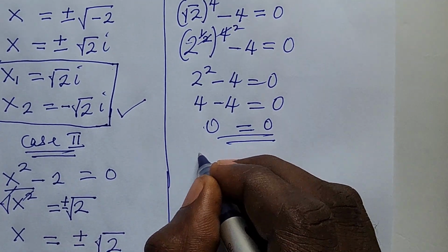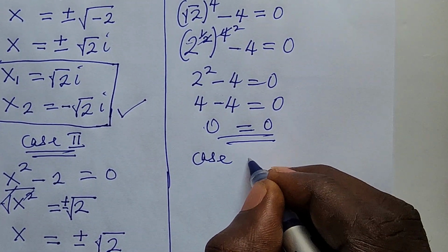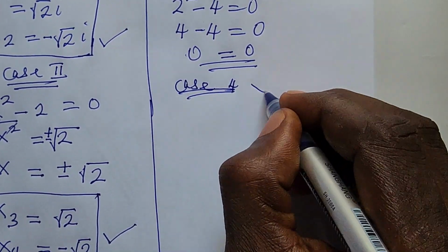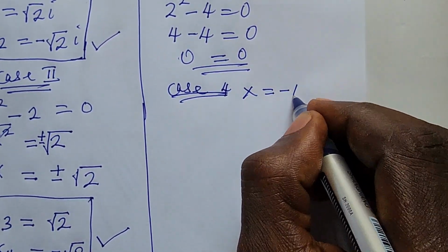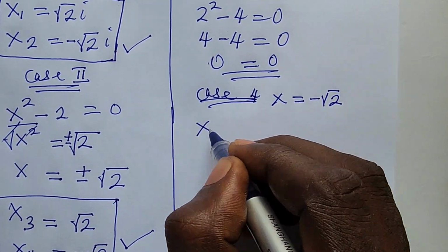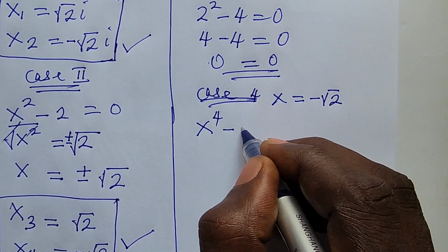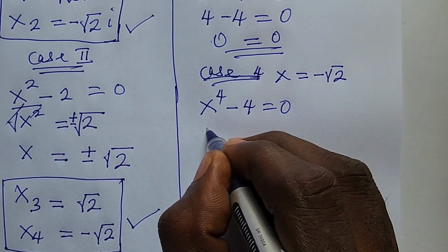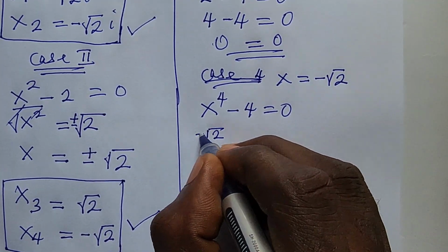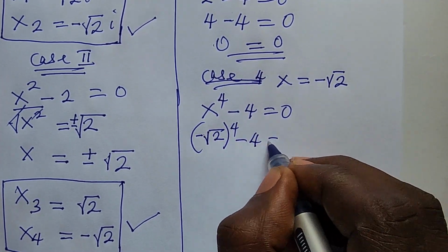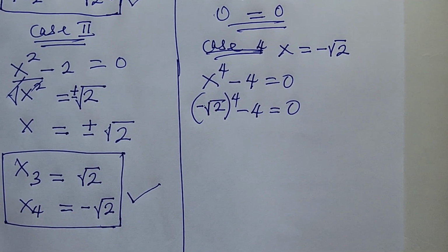So let's take this as our case 4, which is root 4, where we have our x equal to minus root 2, right? Good. So our equation again is x to the power of 4 minus 4 equal to 0. So we put in minus root 2 all to the power of 4 minus 4 equal to 0.